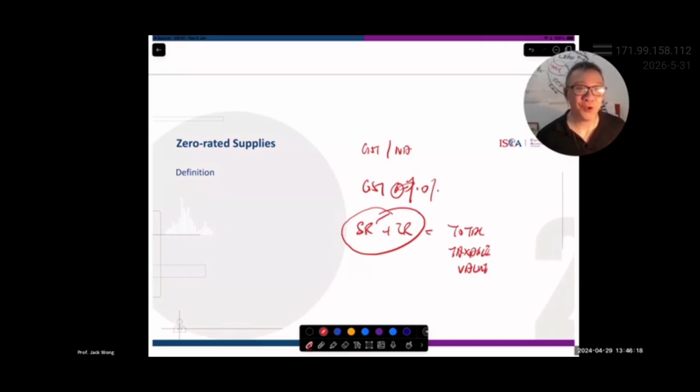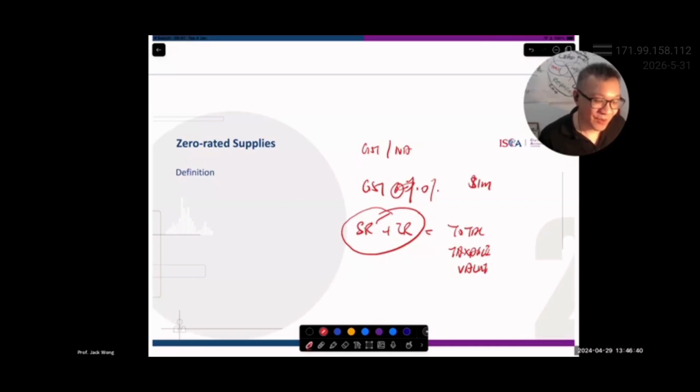So if you do not understand that ZR is actually part and parcel of your total value of taxable supply, you may miss the $1 million mark if you are not GST registered yet. Then you realize you're supposed to register, but you haven't. What will happen then?